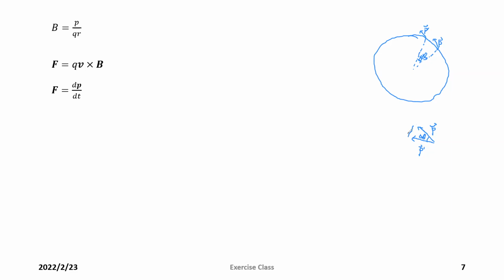So this will be the momentum change. The momentum change will be the magnitude of the momentum multiplied by the angle, and the direction will point to the center of the circle.